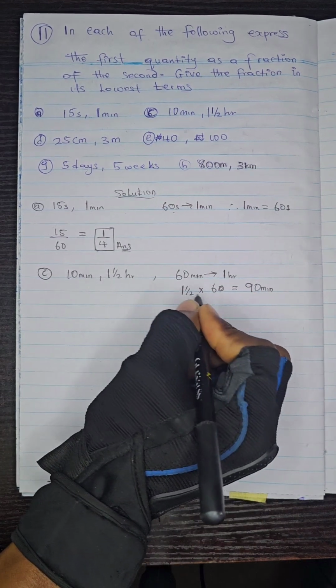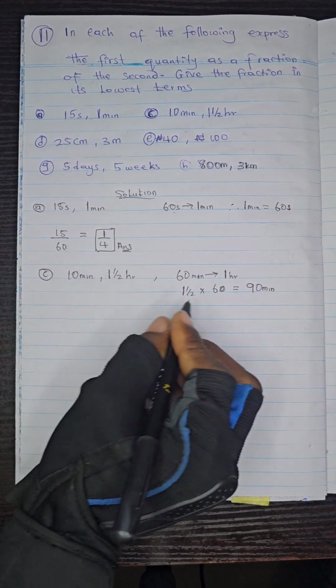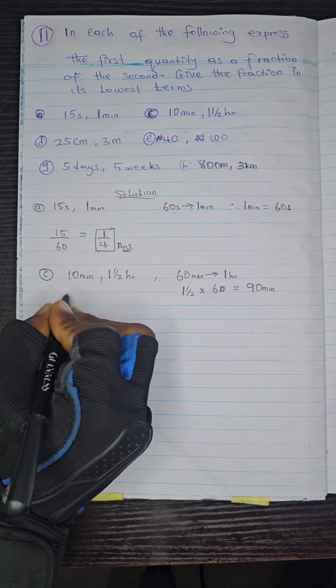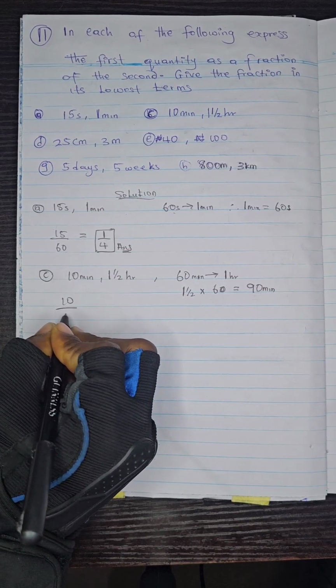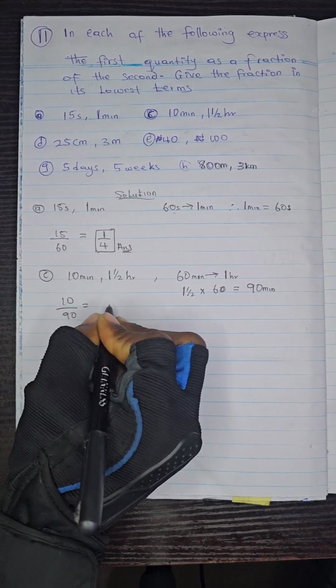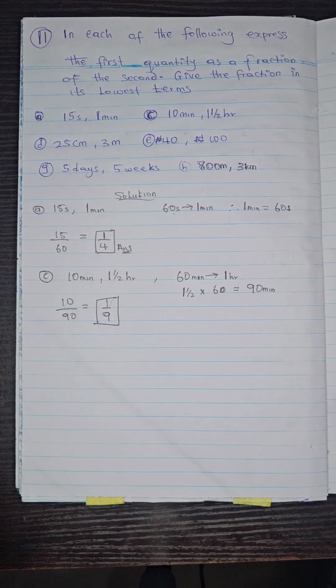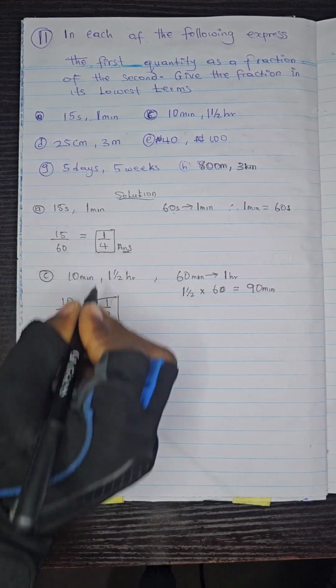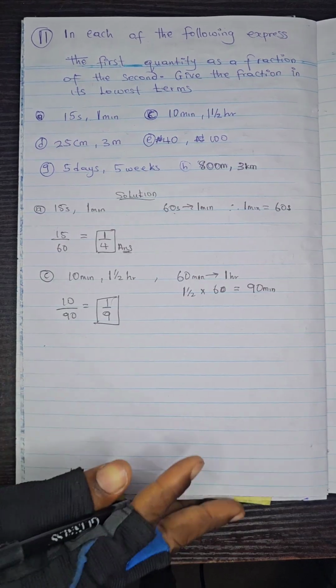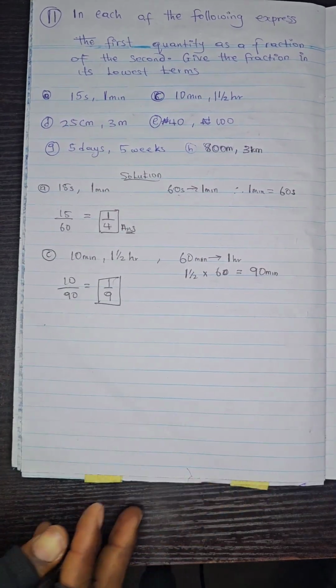If you do the calculation, you will get it, so I don't need to show it here. So you simply do 10 over 90, you have 1 over 9. This is the lowest fraction. Nothing can divide further, so we are satisfying the second condition.